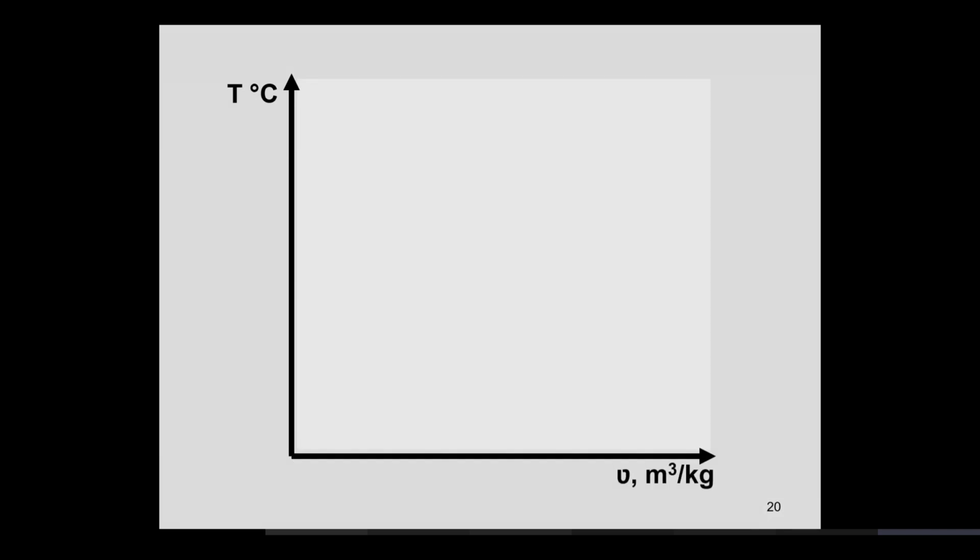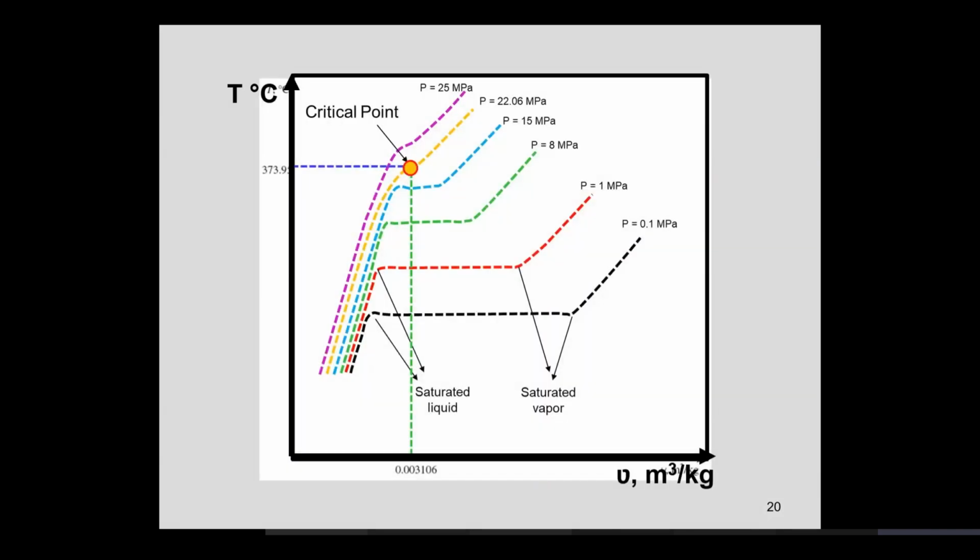Now let's say I have this temperature and specific volume curve, and these are the different pressure lines for the change in temperature and specific volume. Let's say I take this point, this point, this point, this point.